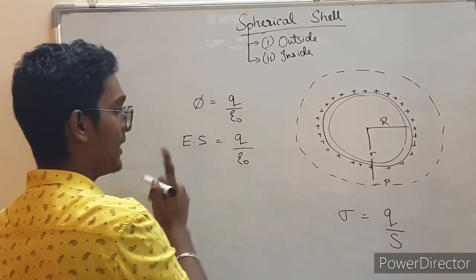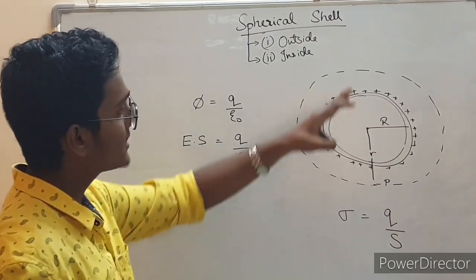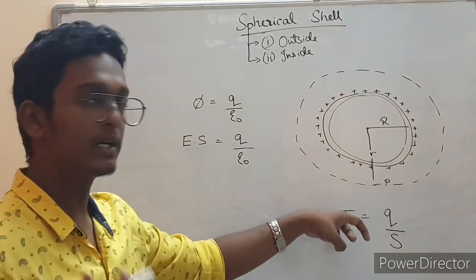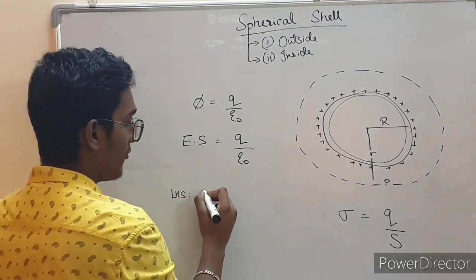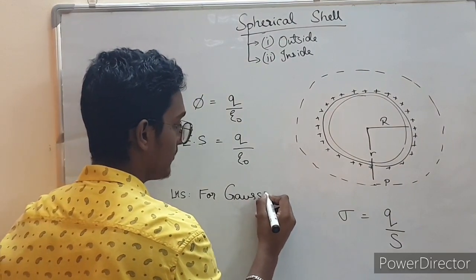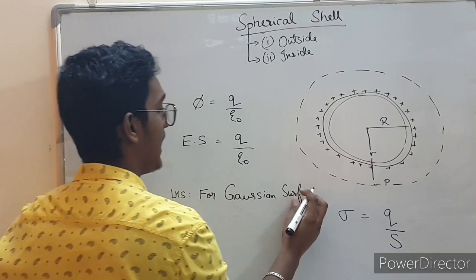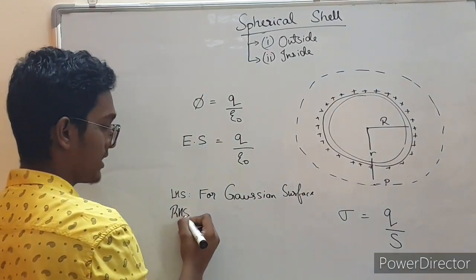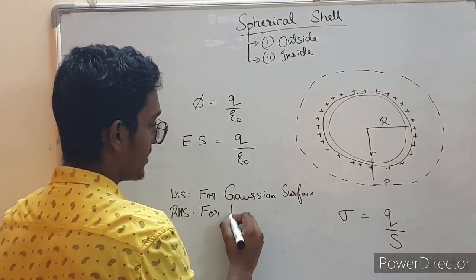The left hand side of the equation is the total flux passing through the Gaussian surface. So remember that the LHS is for the Gaussian surface and all the terms in the RHS, that is q, are for the given body.